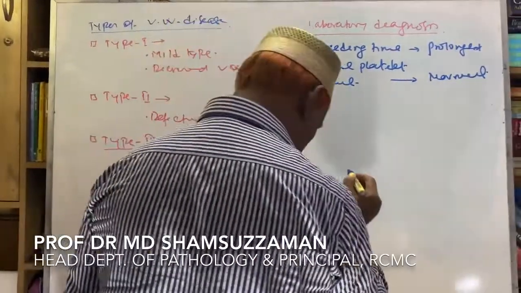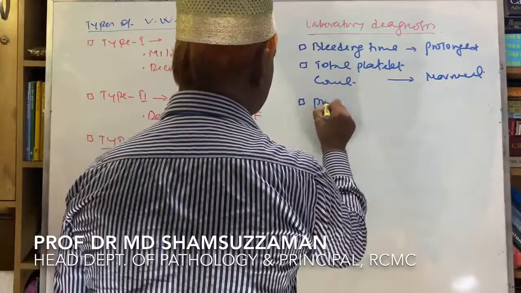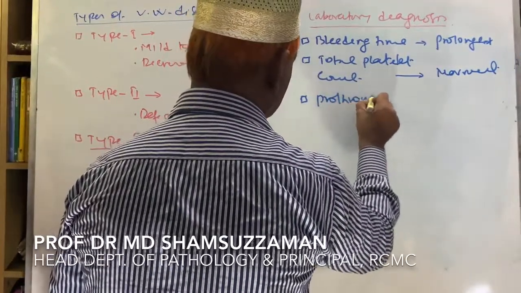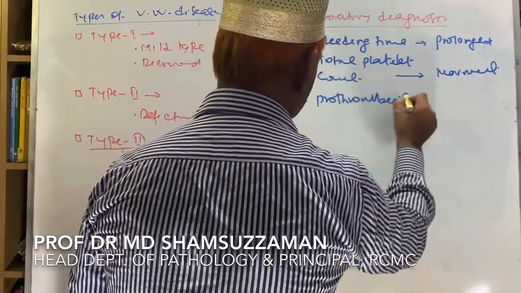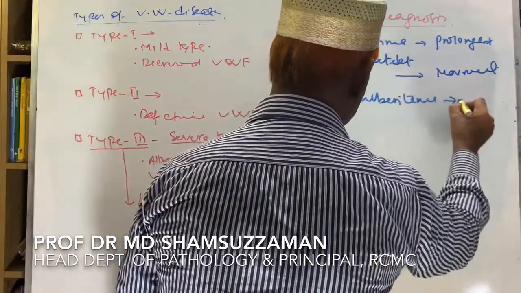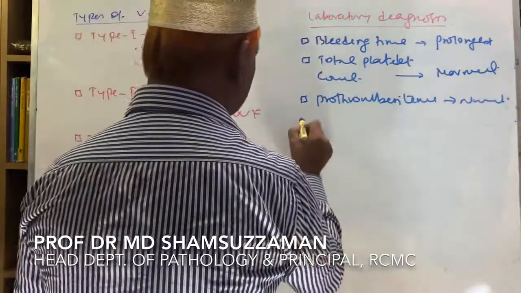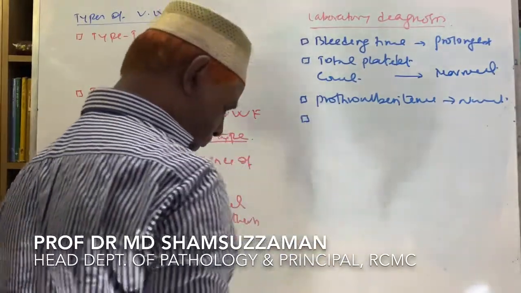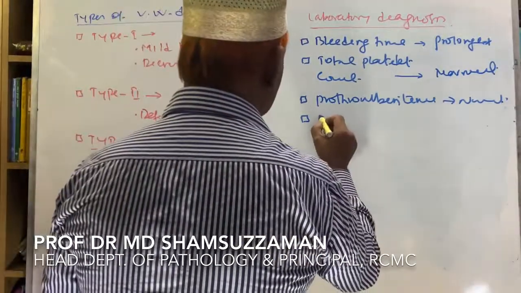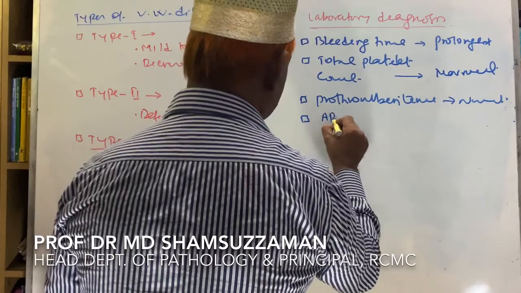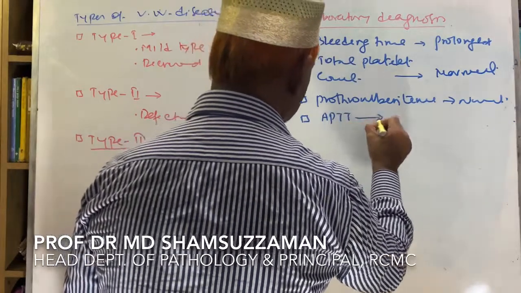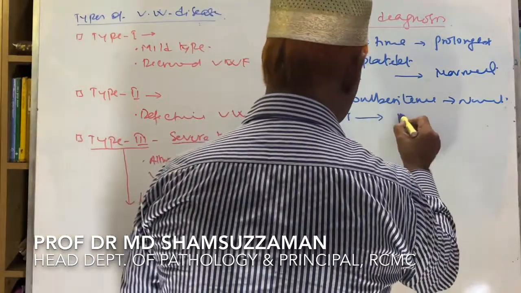Then we have to do prothrombin time. Prothrombin time is normal. Then we have to do activated partial thromboplastin time. It is prolonged.